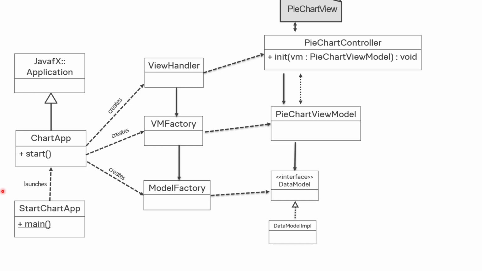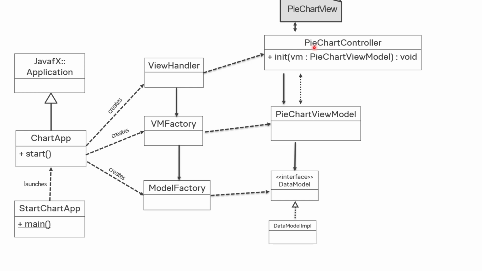Okay, so there's a detail here about the controller. I have added this here. There's a method, just like I have the main method over here. I have a start method inherited from this one, then I have an init method here, and that is mandatory, basically. This is needed because the JavaFX framework is creating the pie chart controller for us, and that means we cannot create our own custom constructor.